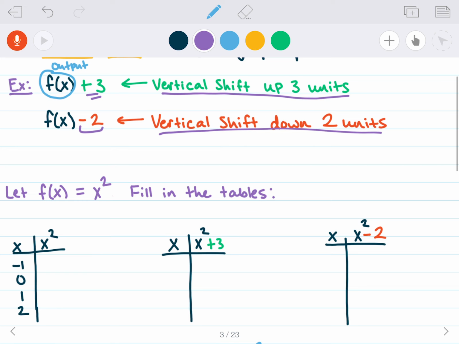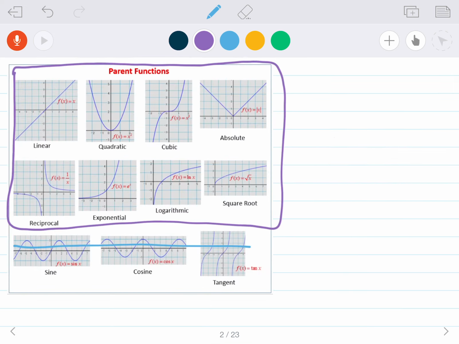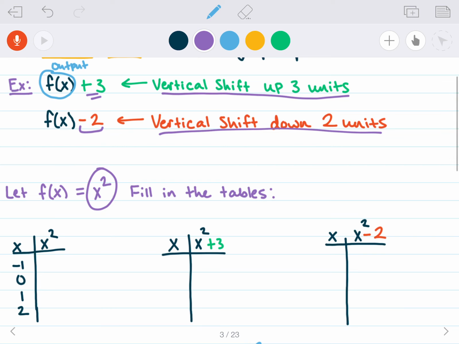So the parent function that I'm interested in for this example is f of x equals x squared. So that's going to be this quadratic function, parabola. And what I want to do first is get some key points so that I can transform the function.